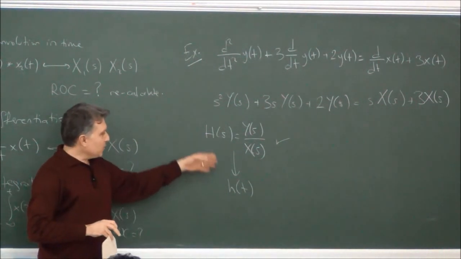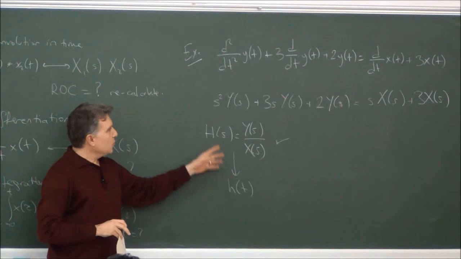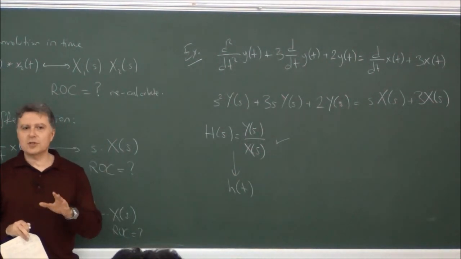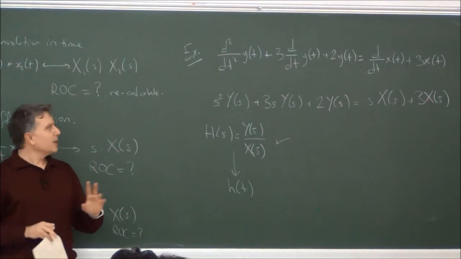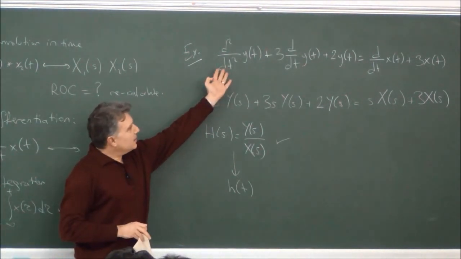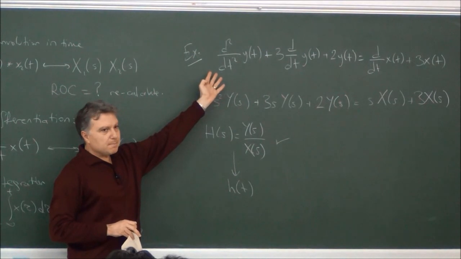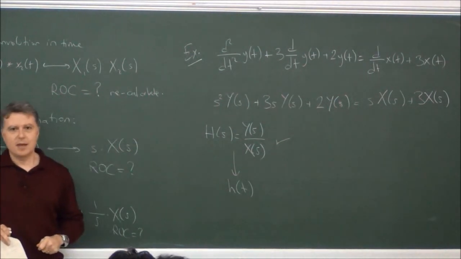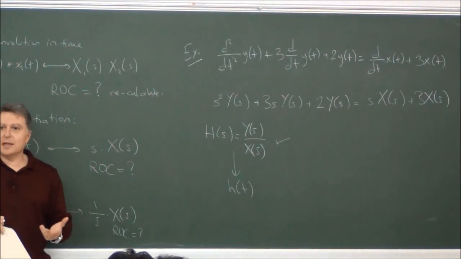But in the determination of the inverse Laplace transform, you need the region of convergence, and the region of convergence is usually given like this. This is the differential equation of the system, and the system is causal or causal and stable.